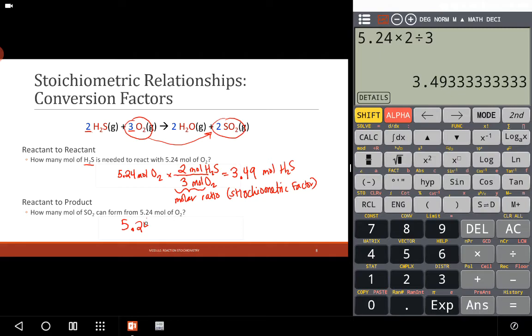So now we do 5.24 moles of O2, cancel out our moles of O2, and get into what we're looking for, which is moles of SO2. That is a 3, that is a 2, and so we're going to end up with the same number that we had above, only now it's going to be moles of SO2.